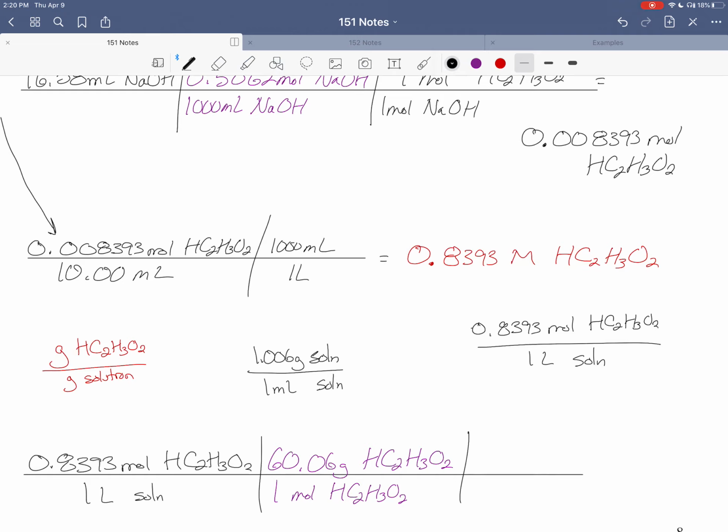Now we've got grams of acetic acid, which we want. Now I need to have grams of solution, right? And so we know 1 liter of solution is 1,000 milliliters of solution, and 1 milliliter of solution is 1.006 grams of solution with the density.